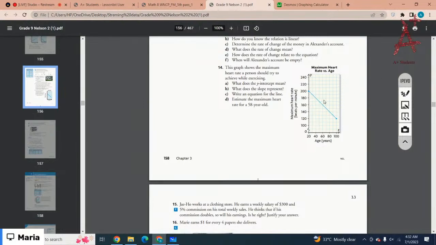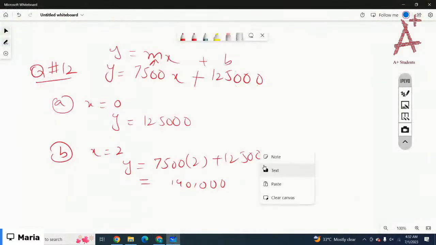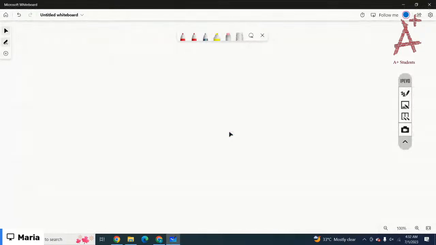The age is 20, 40, 60, 80, and the y values are decreasing by 20 while the x values are increasing by 20. So the slope is negative 1, because heart rate is decreasing as age is increasing.